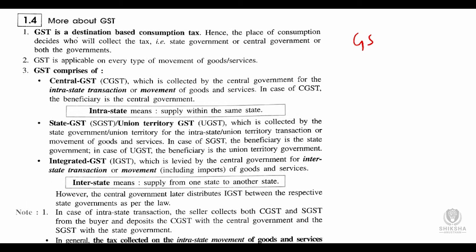GST has two types, interstate and intrastate. Inter means between two states. Intra means within a state.